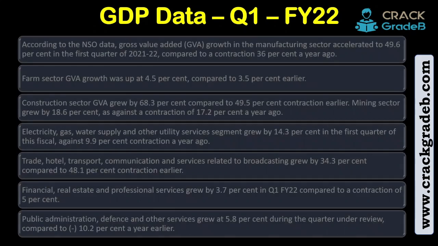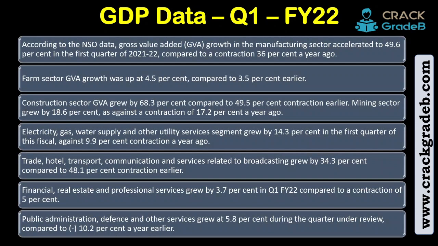So with this, we have come to the end of this lecture. But before we say goodbye, these are some of the data. I won't read it. You are not required to remember all the data points, but since this is a descriptive paper, you should have a basic idea of different sectors. Like the farm sector: farm sector GVA growth was 4.5% compared to 3.5% earlier.